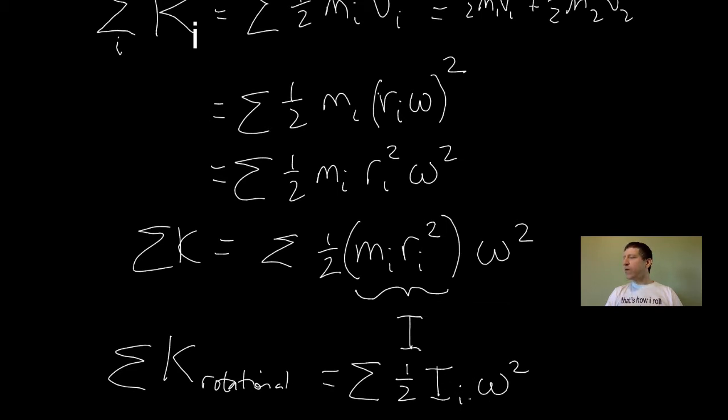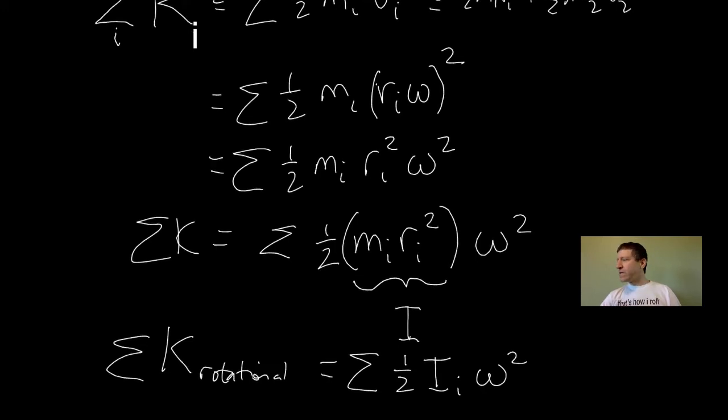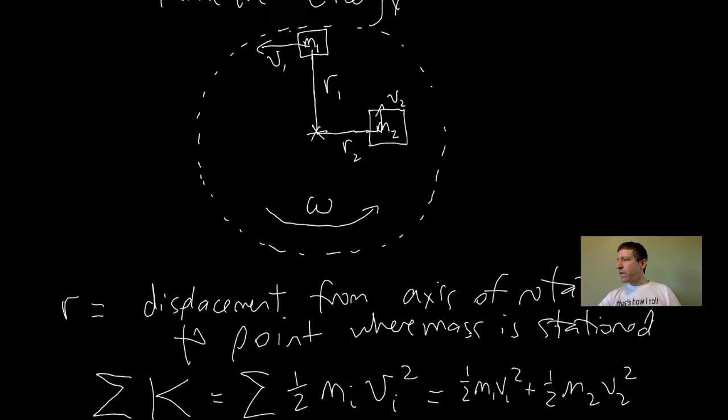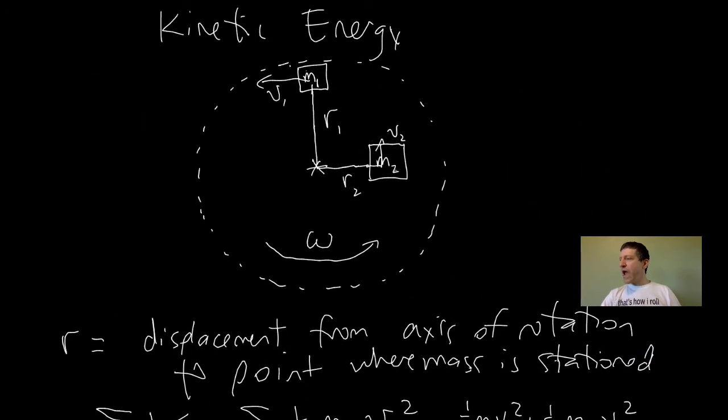These are rotational variables. So if I just call this thing m_i r_i squared, like m1 r1 squared, that would be the moment of inertia of object 1. m2 r2 squared would be the moment of inertia of object 2. It's important you understand what this r is. r is the distance between the axis of rotation and the point where the mass is stationed.